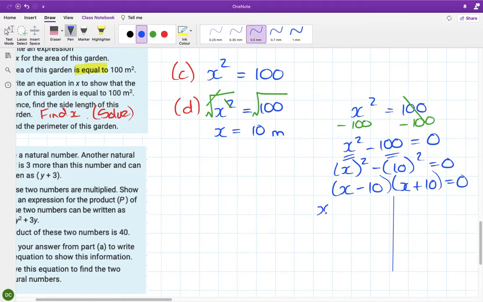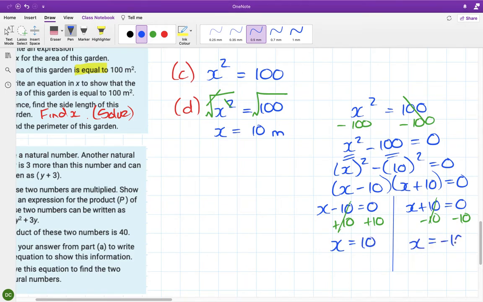Okay, so we let x minus 10 equals 0 and we let x plus 10 equals 0. This is plus 10 to cancel and a plus 10 over here. This is a minus 10 to cancel and a minus 10 over here. So we get x equals 10 and we get x equals minus 10.